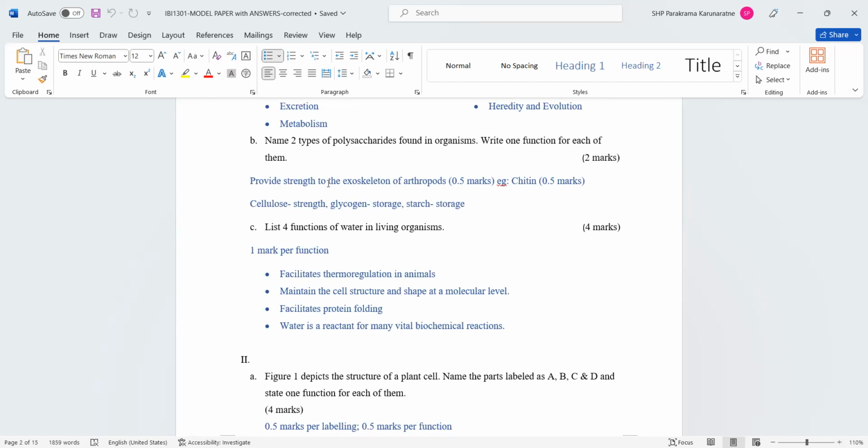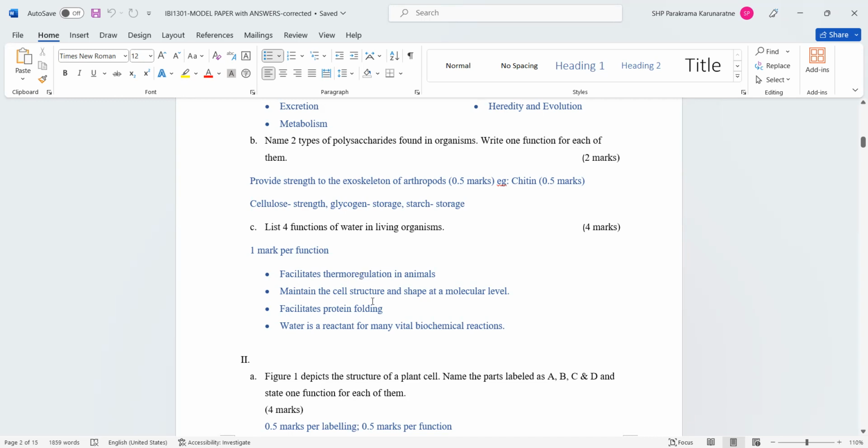These are just 4 types of answers I have given. Likewise, we may ask functions of carbohydrates, functions of lipids. If you know the functions of carbohydrates that I told you here, storage and giving strength and so on.